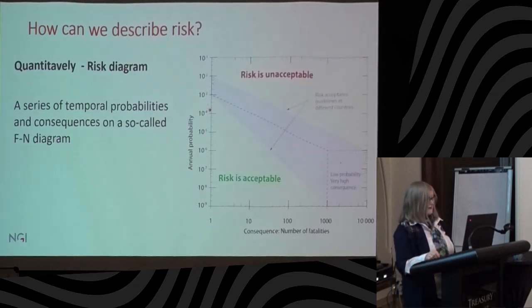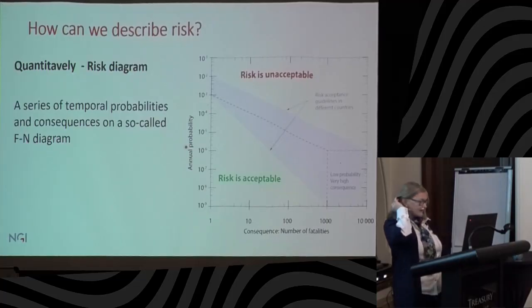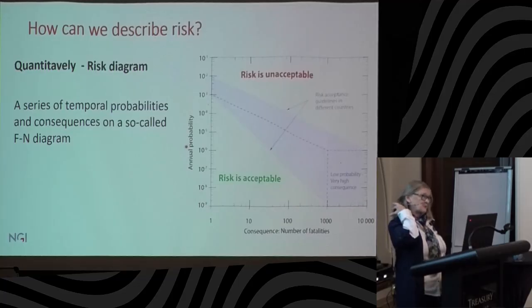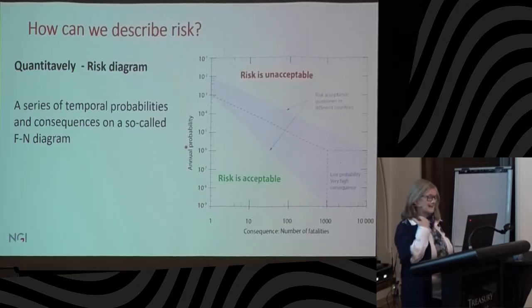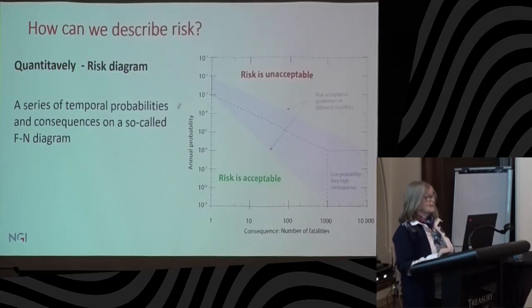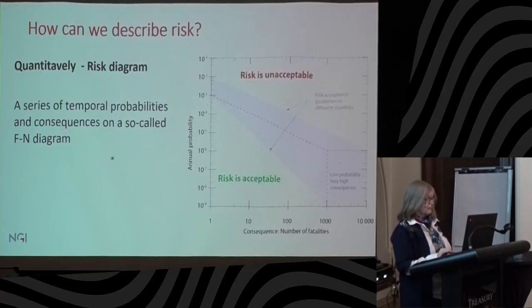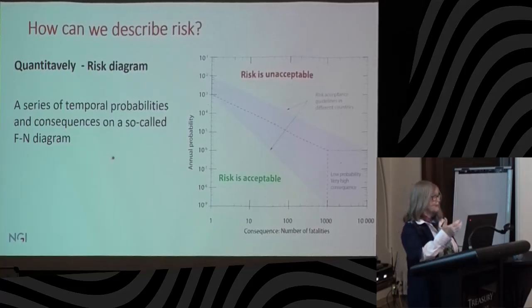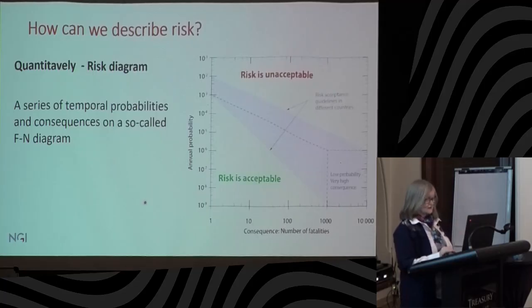But how can we describe risk? We often use a diagram when we're talking about numbers. And this is somewhere where people don't necessarily agree, so it's one of our challenges. This risk diagram is a series of temporal probabilities, probability per year, and consequence. It's called an FN diagram.